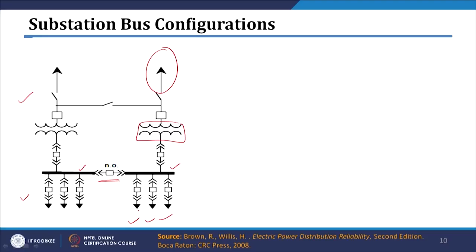However, whenever there is a fault on any of the buses, or a fault on any of the circuit breakers of an outgoing circuit, that particular bus section needs to be taken out of service, and you need to shut down the lines connected to that section of the bus.